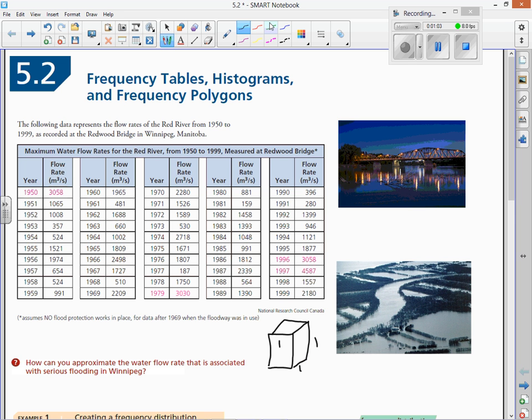So if you think of the water that would fill this container, in 1950, 3,058 blocks would have passed by a point in 1 second. So that's the volume of water we're talking about here.